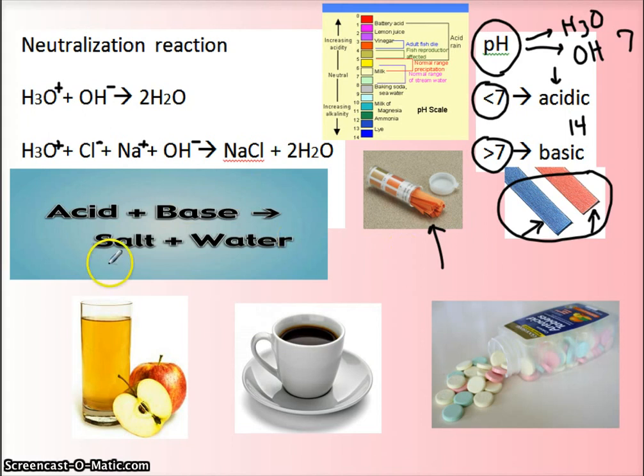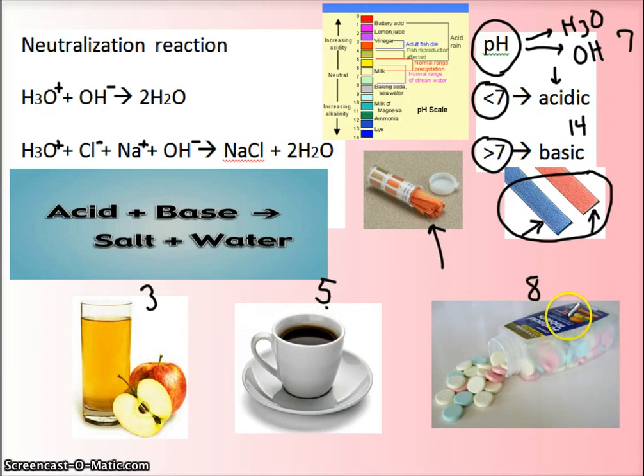Apple juice, for example, has an acidity of 3, or a pH of 3. We have coffee here, which has a pH of 5. And we have these Tums or Rolaids, or whatever the antacid is, which has a pH of 8. So the apple juice and the coffee would be more acidic, and the Rolaids would be more basic.